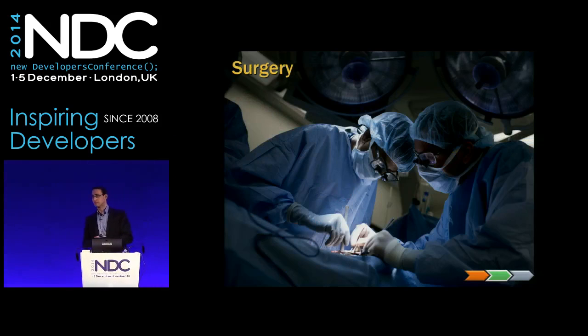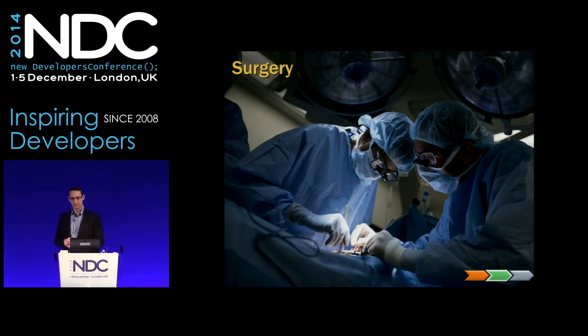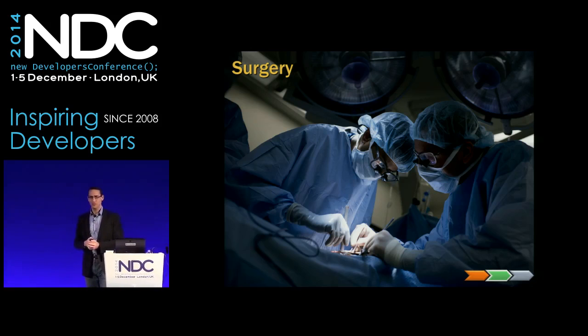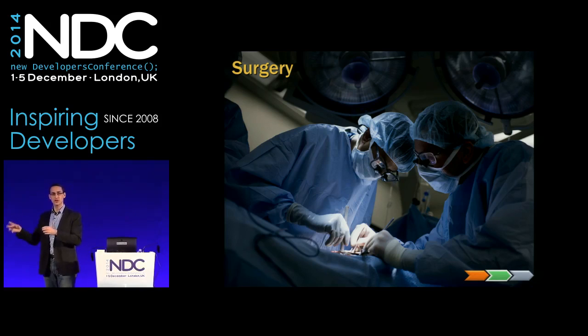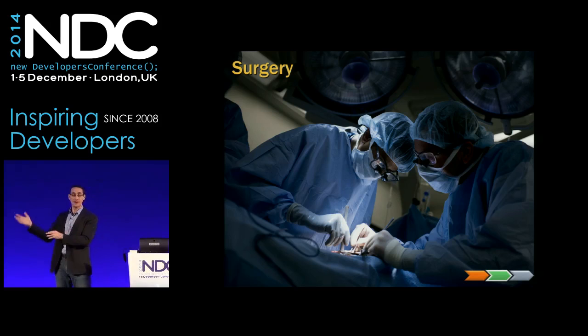In surgery, there's some relationship with the emergency room. Also, things get a little bit more blurry. For example, one of the important things in the surgical domain is to really keep track of everything that the surgeon put in you, so that they can remember to take it all out of you at the end.